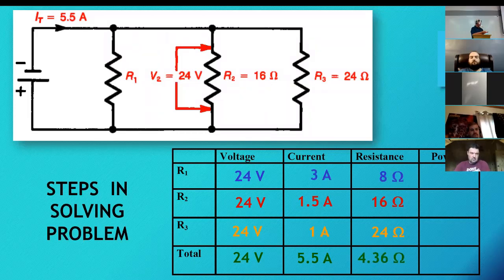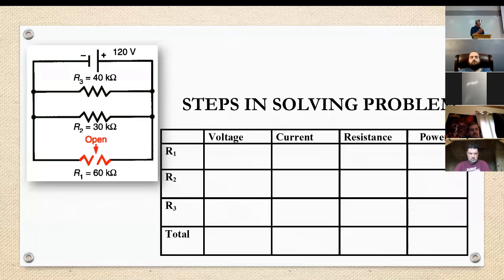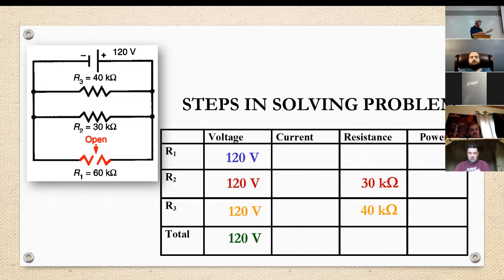So there was a lot of them in here to try. And like I say, if you download the PowerPoint slides and just run them as a slideshow, you'll have time to work these out instead of just the answers being there already. And it's kind of good that they give you some problems that might be real life. Like you've got 3 loads here in parallel, one of them's open.